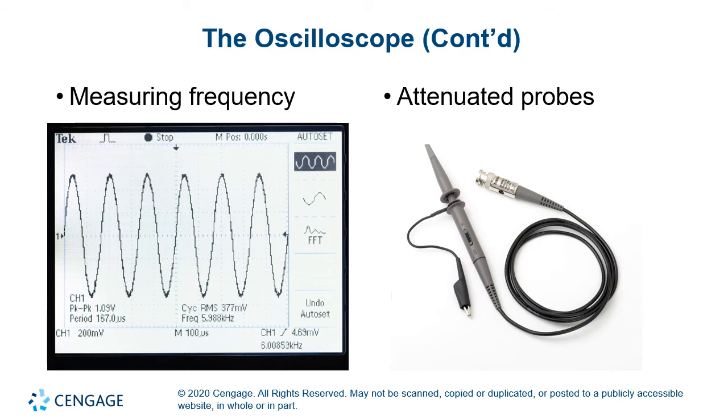Another quantity that you can get from an oscilloscope is the frequency, right? Frequency essentially tells you how many cycles are going to go by in a given time. Higher frequency, more cycles. So this is measured in a unit known as hertz. Hertz is essentially the number of cycles per second.